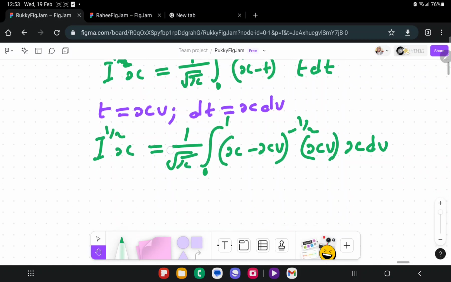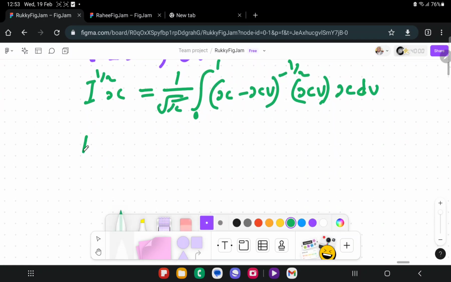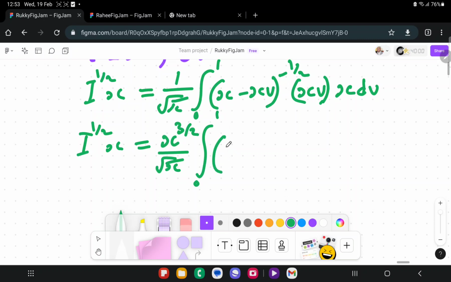We are now going to factor out our x in this integral. So we have x raised to power 3 over 2, all over the square root of pi, times the integral from 0 to 1 of (1 minus u) raised to power negative 1 over 2, then u du.